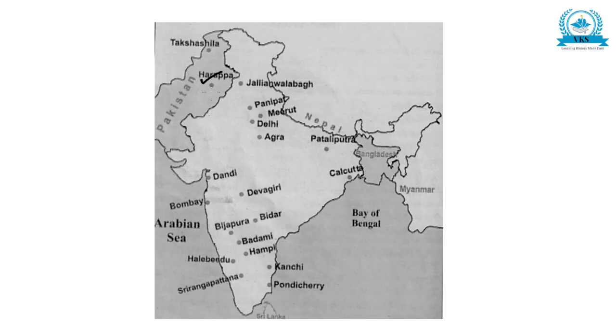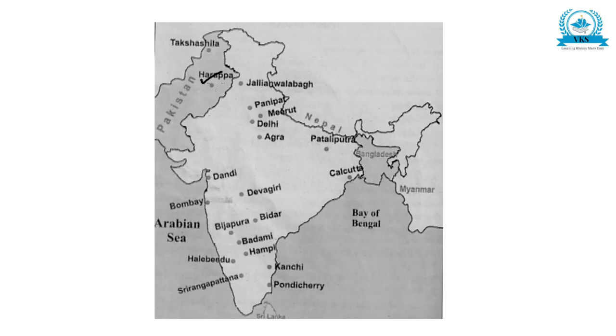Here in the map you can see Harappa. Harappa is an important site of Indus Civilization and it is situated on the bank of river Ravi, and that is now in Pakistan.